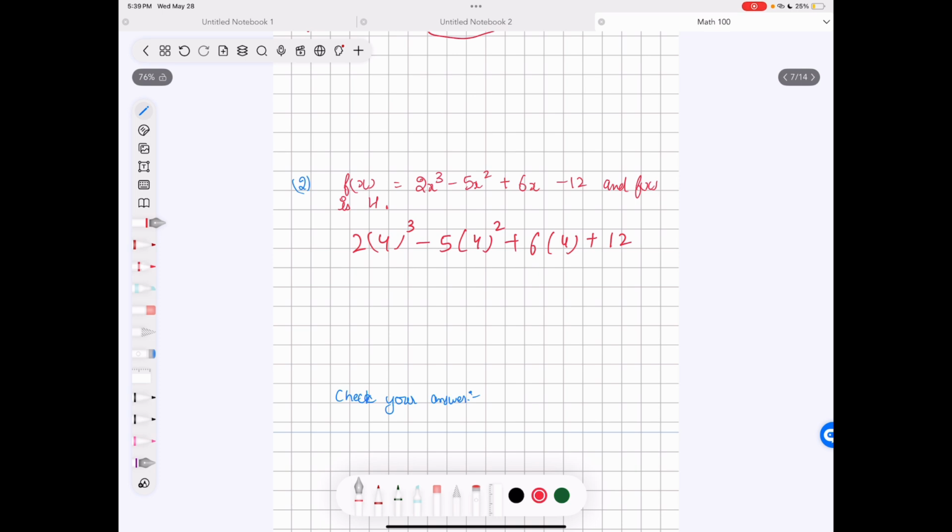If I do 4 times 3, 4 into 4 is 16. 16 into 4 is going to be 64.